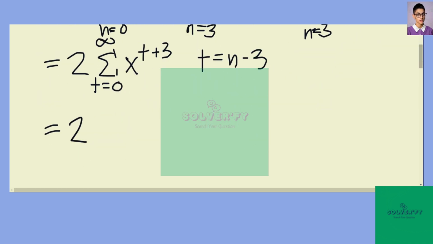And this is equal to 2 times x cubed times the sum from, and now changing back using n equals t, we have the sum from n equals 0 to infinity of x to the n.